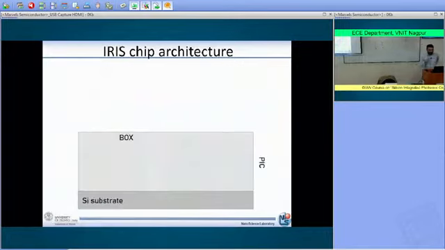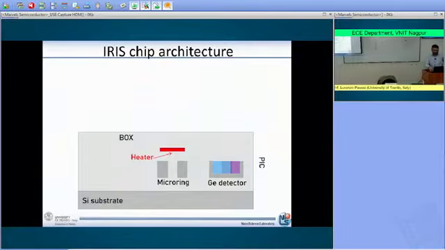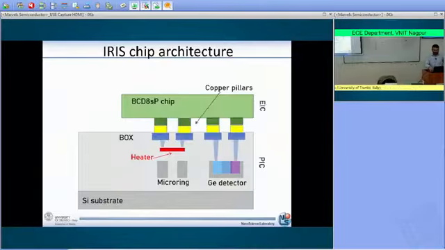And then we started to build up, so this is the architecture, the sequence of processing steps in which we fabricated the microring in the photonic integrated circuit, then the germanium photodetector, then the heater on top of the microrings. Then we open the vias in order to insert the metal lines to contact the heater or to contact the P and N side of the germanium detector.